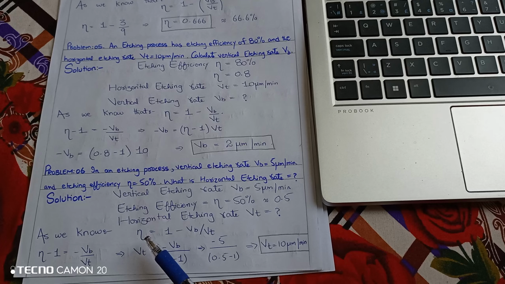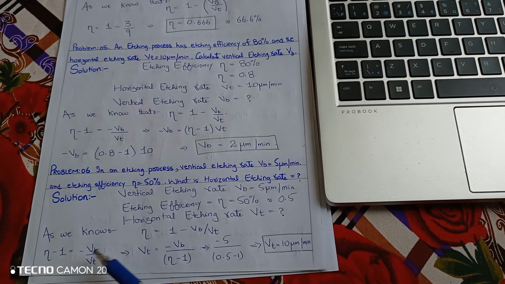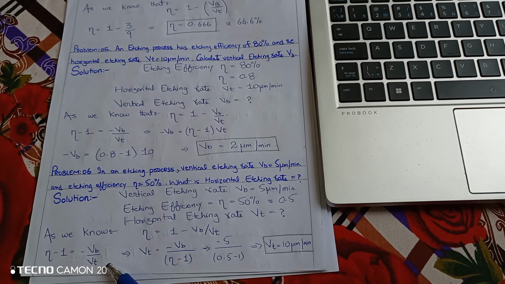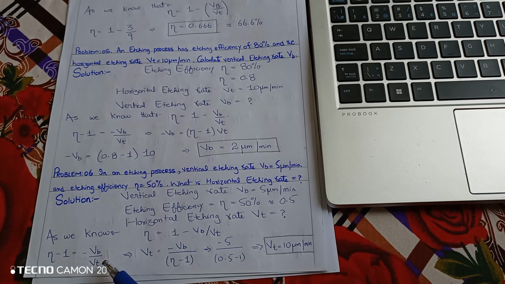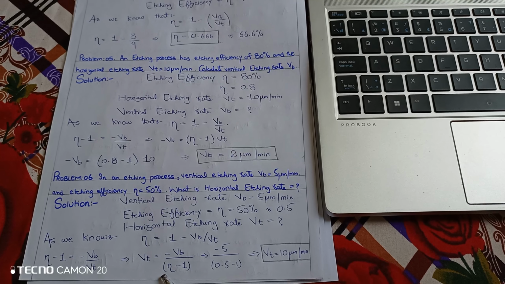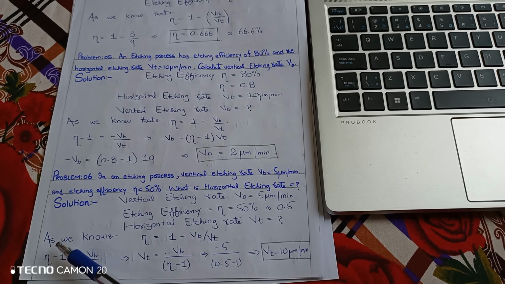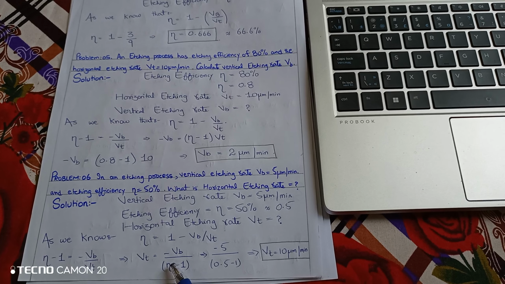Again, you have to use the same relation, eta equals 1 minus Vb by Vt. Move this 1 to the other side, eta minus 1 becomes equal to minus Vb by Vt. Multiply this Vt to the other side, so Vt equals minus Vb, and eta minus 1 goes downside, so Vt equals minus Vb divided by eta minus 1.